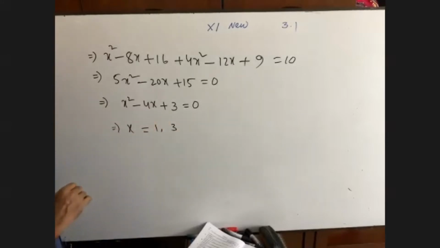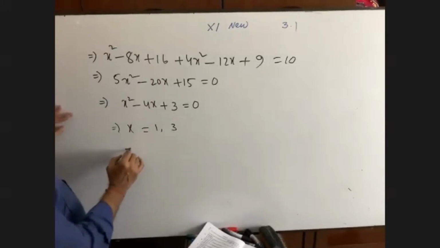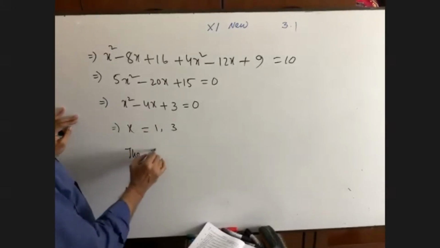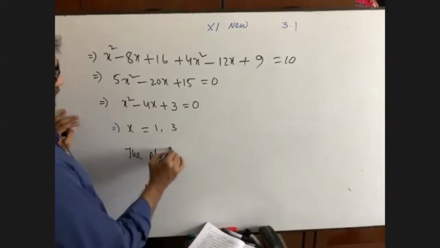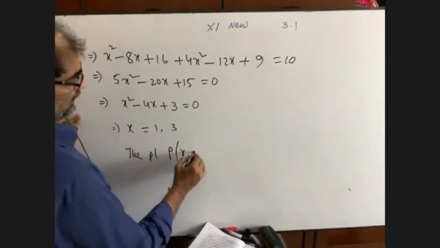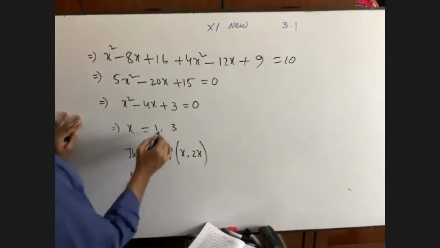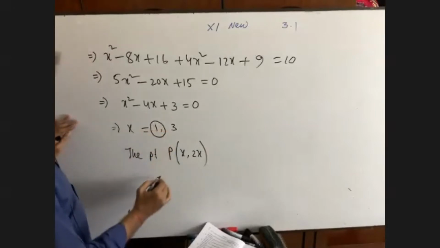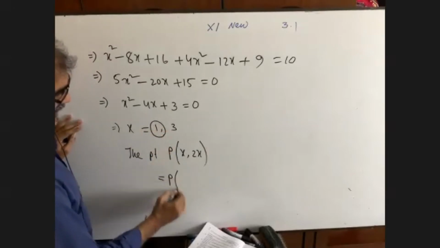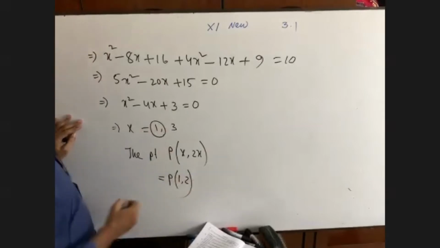So what was the point at first that you let, can you remember? You let the point as P x comma 2x. When the value of x is 1, then we are getting P 1 comma 2, right?